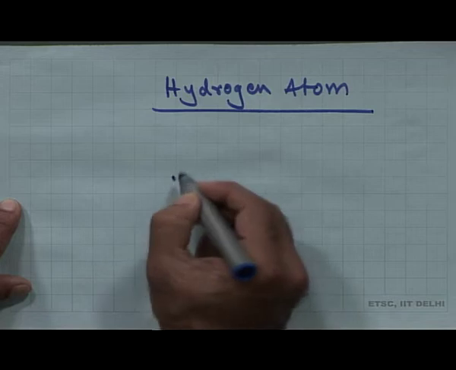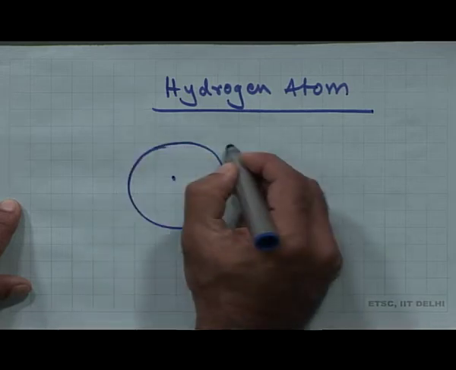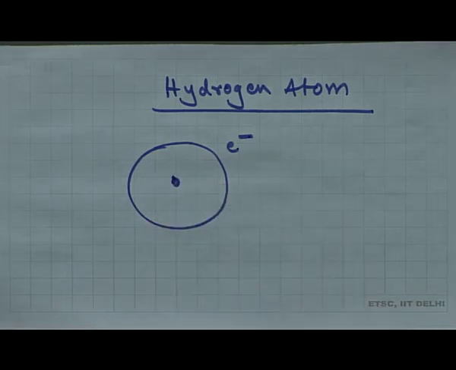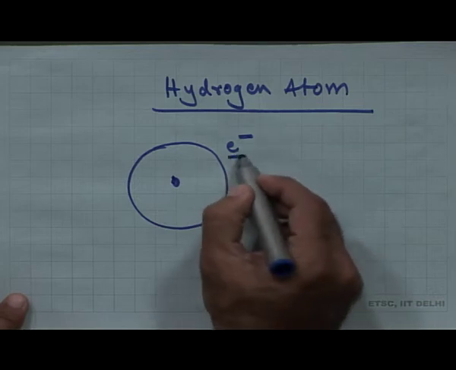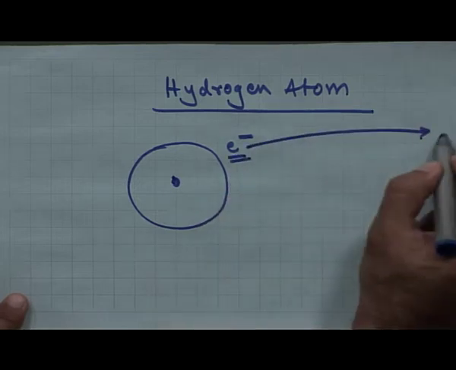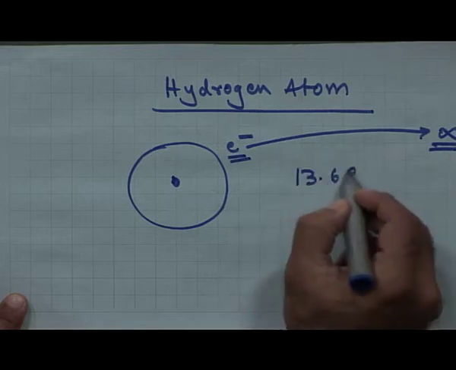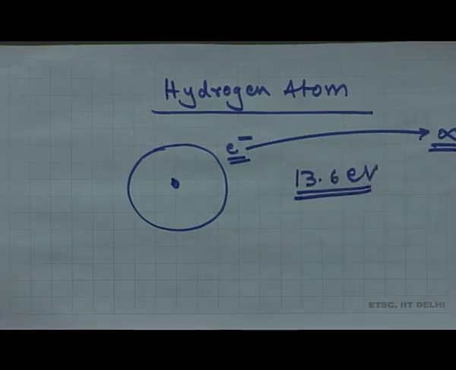I have my proton, I have my electron. Assume the proton to be infinitely massive. It is a very meaningful and unambiguous question to ask, what is the binding energy of the hydrogen atom? That is simply the energy to take it away to infinity. So you have 13.6 electron volts, let us say.